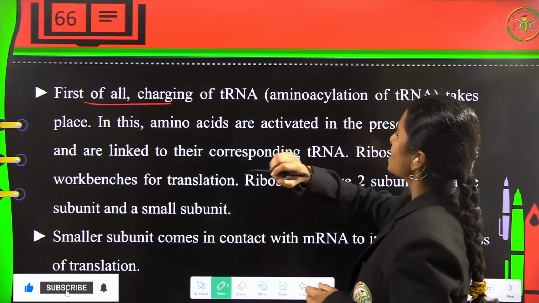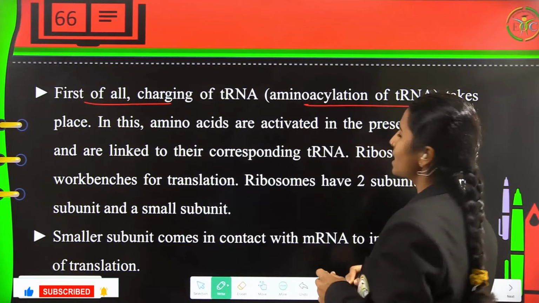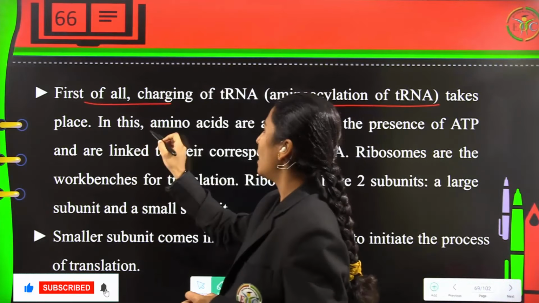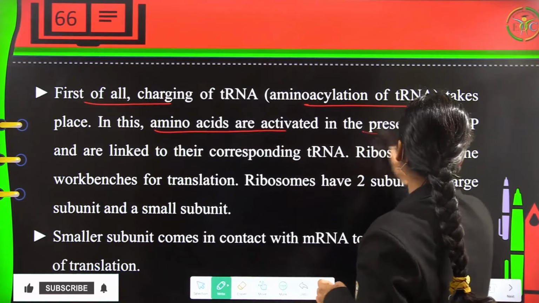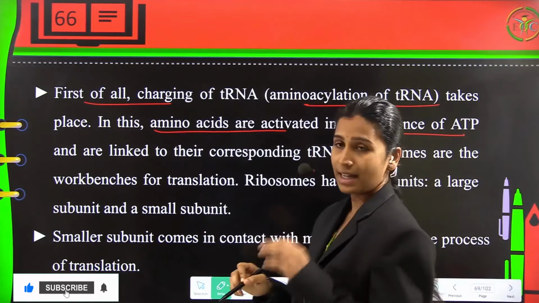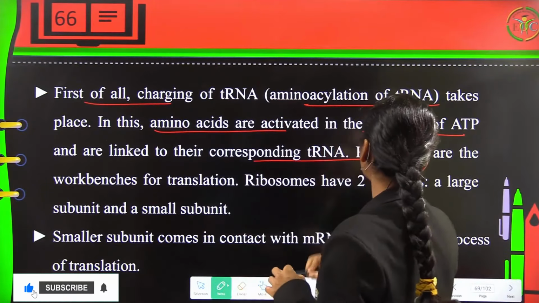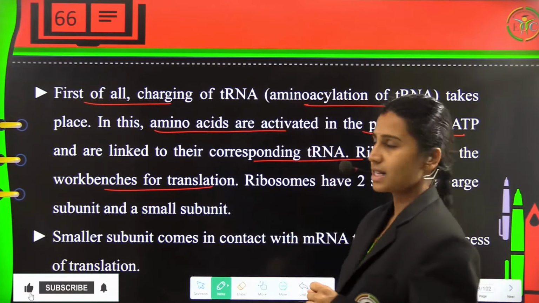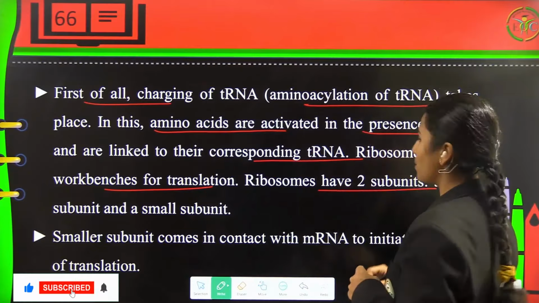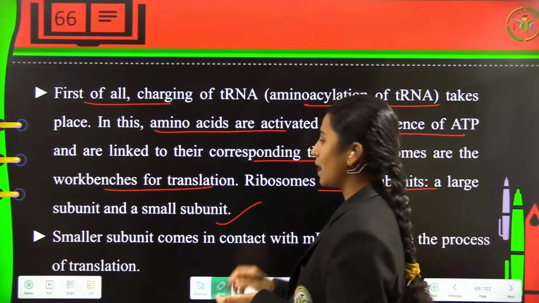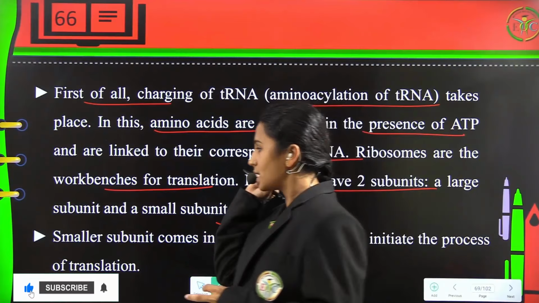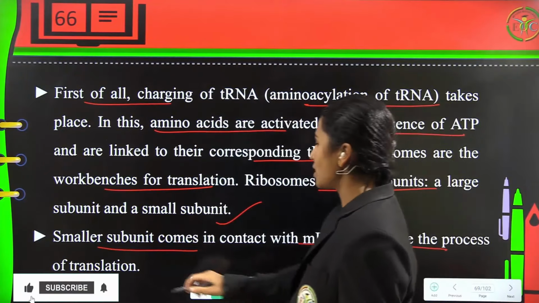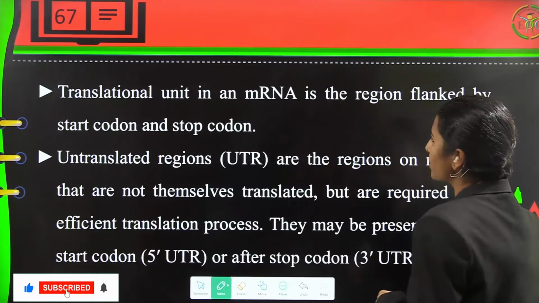First of all, charging of tRNA, which is aminoacylation of tRNA, takes place, in which amino acids are activated in the presence of ATP and then linked to their corresponding tRNAs. Ribosomes are the workbenches for translation and have two subunits, a large subunit and a small subunit. The smaller subunit comes in contact with the mRNA to initiate translation.